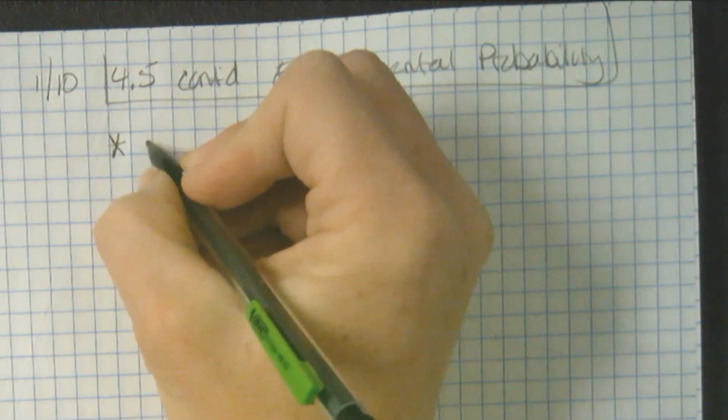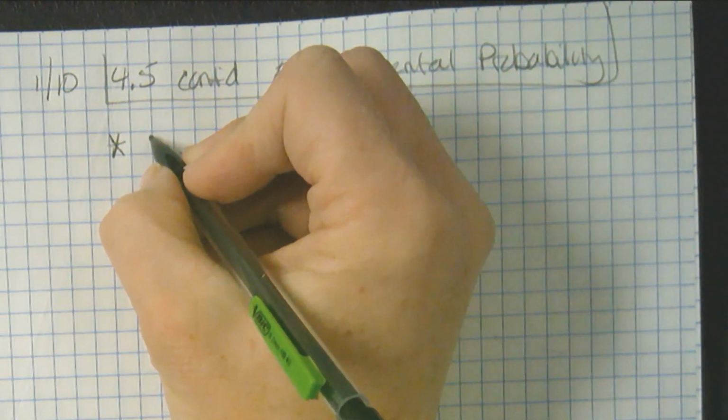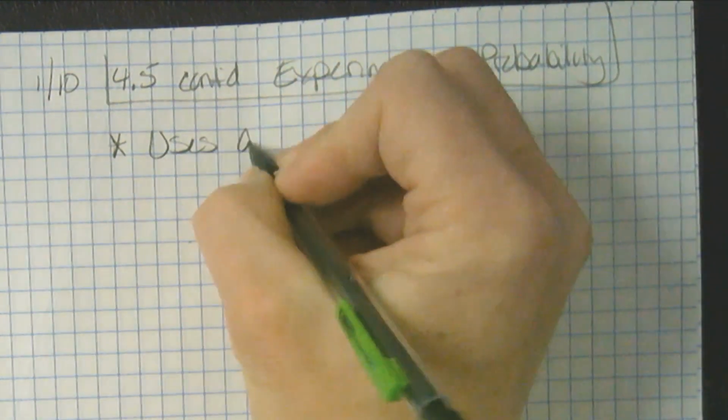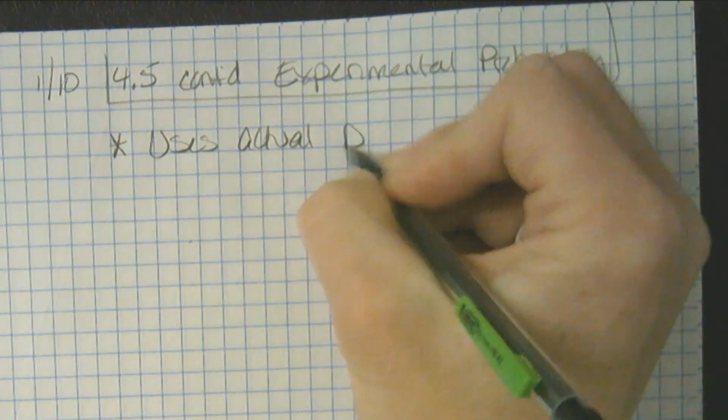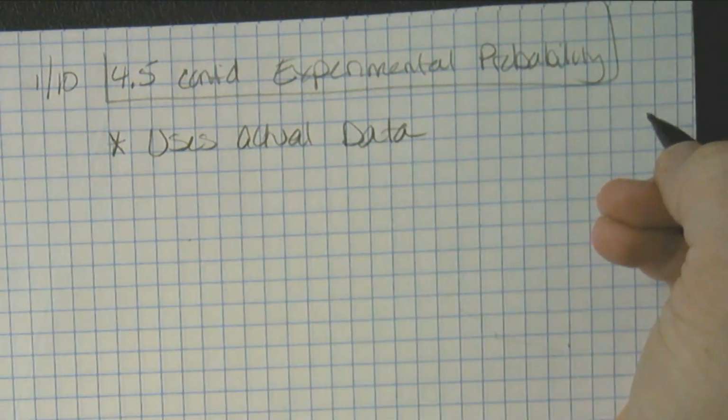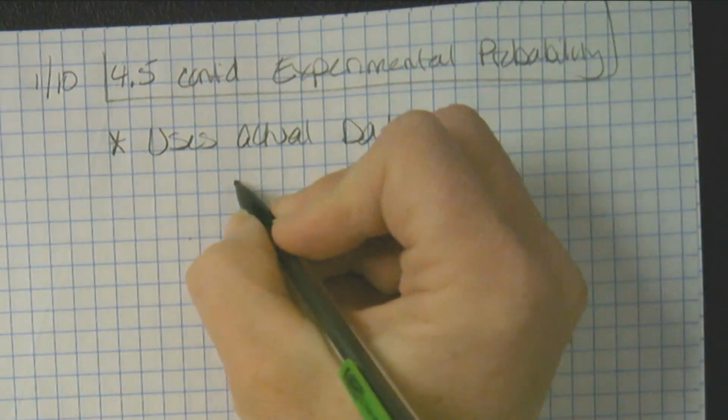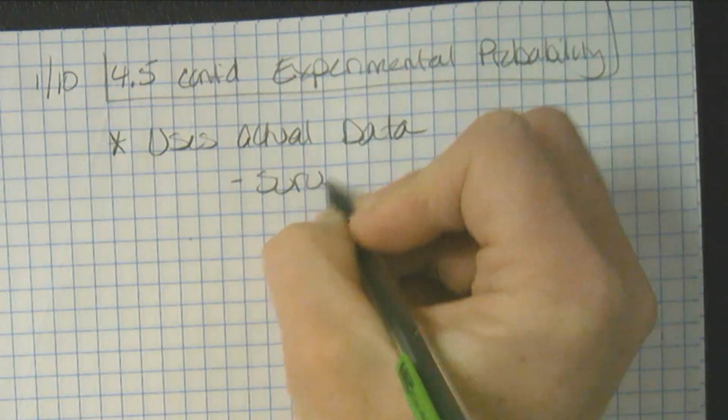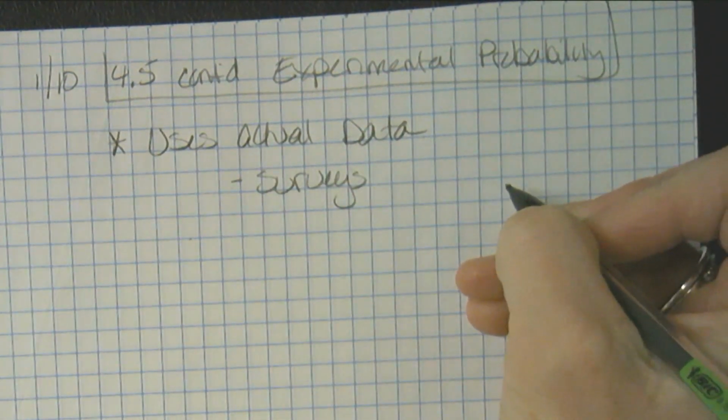Experimental probability, this is when it uses actual data. So things like surveys. I could survey this class and get information.